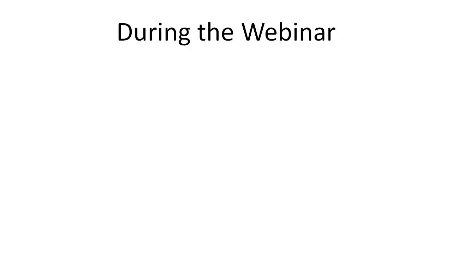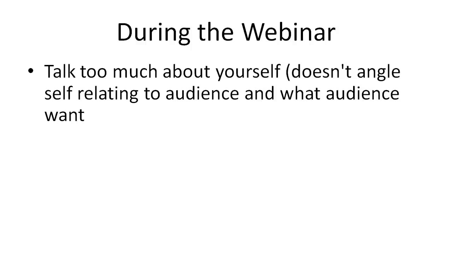Now let's talk about some mistakes that we often make during the webinar. A lot of times we talk too much about ourselves and we don't angle what we say about ourselves in relation to the audience and what the audience wants. It's okay to talk about yourself as long as the audience understands why you're talking about yourself.